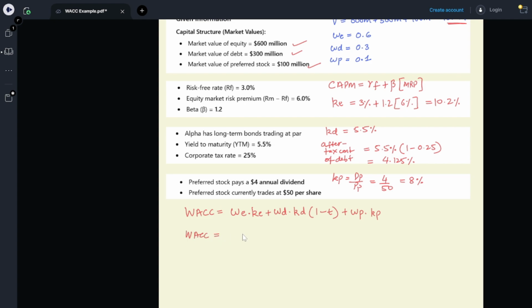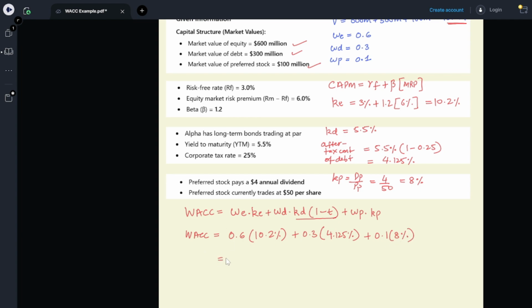So WACC for this company is going to be 0.6 multiplied with, I'm just going to put it in brackets, make it simple, 0.6 multiplied with 10.2%, plus 0.3 multiplied with 4.125%, because we already calculated this part, plus 0.1 multiplied with 8%.